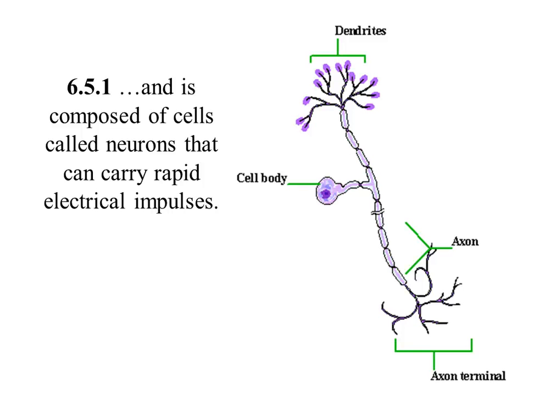You need to be able to draw and label it. This one's a little funky in that the cell body is here, but essentially you need to know that there are dendrites, there's a cell body and an axon, and then there are terminals on the other end. And then these cells around this are called Schwann cells, or it's the myelinated sheath.